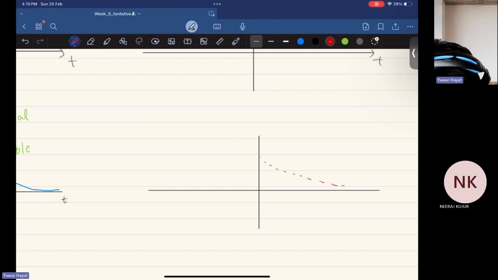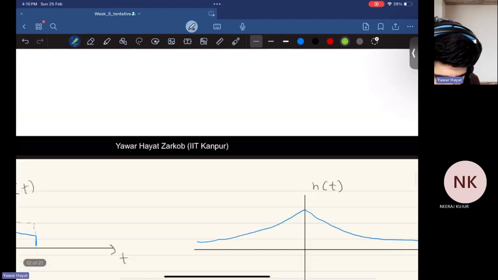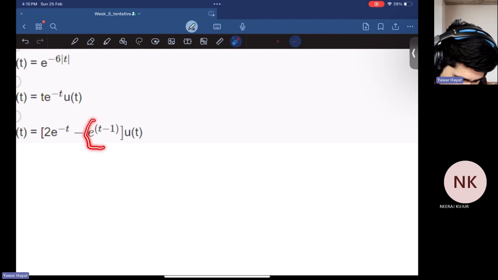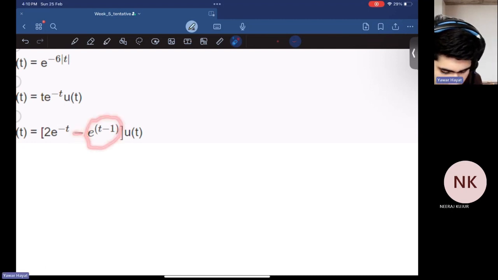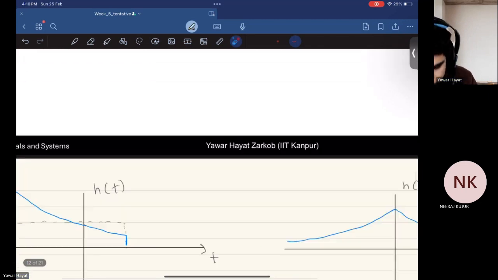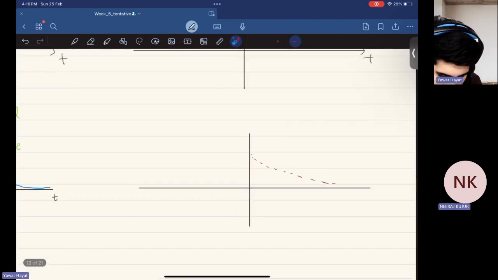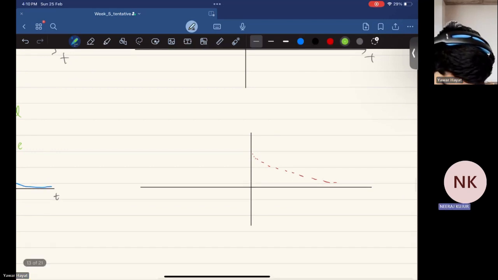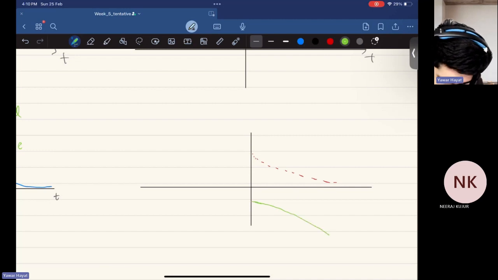I removed this part since it's anyway multiplied by a unit step signal. One more thing, this is a positive exponential behavior, but since there is a negative sign, we'll flip it along the time axis. So what we'll get is the mirror image of e to the power x, something like this, right?